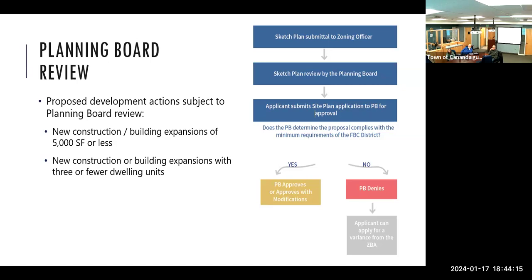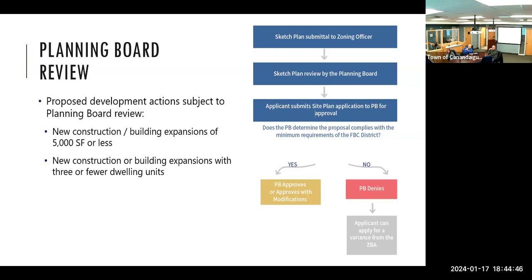So on the line where it says, does the planning board determine the proposal complies with the minimum requirements? If yes, then you're approving it, or approving it on the condition that you move your front facade up 2 more feet, or whatever the case may be. We're just approving that it complies with the minimum site plan requirements. For these smaller projects, you're approving the site plan.